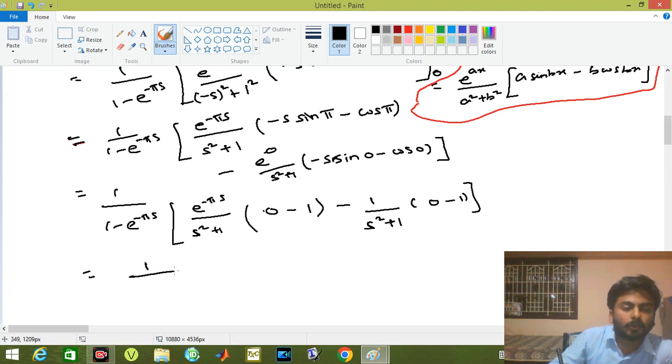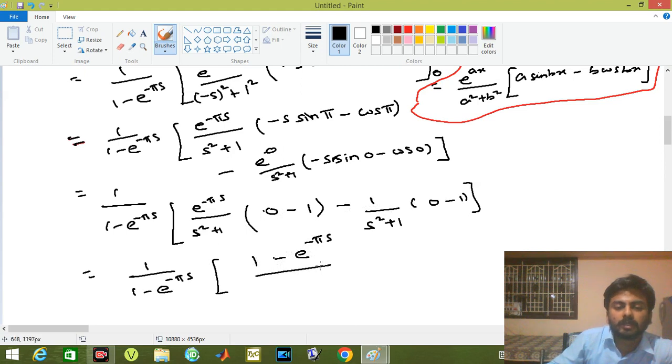Now write 1 divided by 1 minus e power of minus pi s into, here you are having minus of minus, so plus 1, and here minus e power of minus pi s divided by s square plus 1.